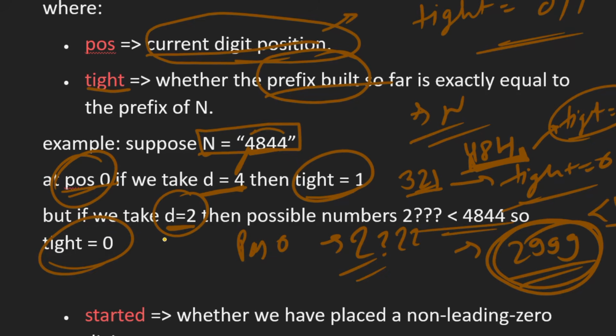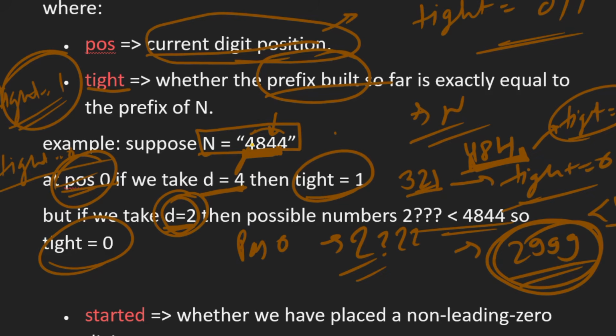If tight is equal to 1, that means we are taking the exact digit values. But if tight is equal to 0, then we have taken some smaller value than the value present in the actual number n. At position 0 we have taken 2, which is smaller than 4, that's why we make tight equal to 0, right?